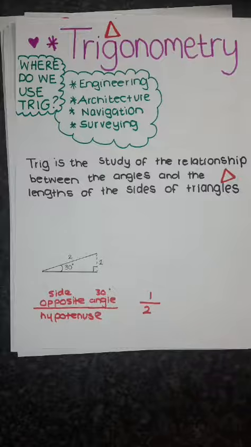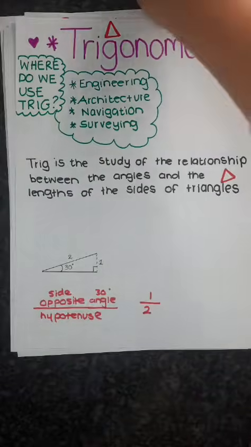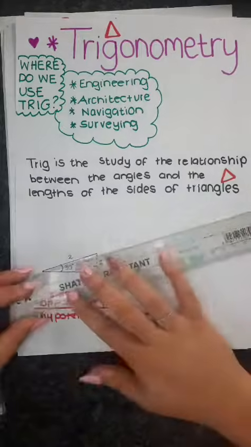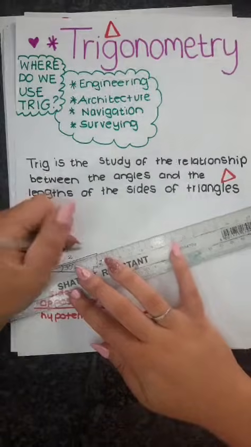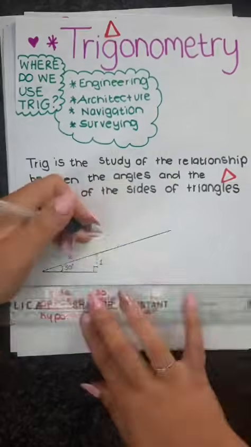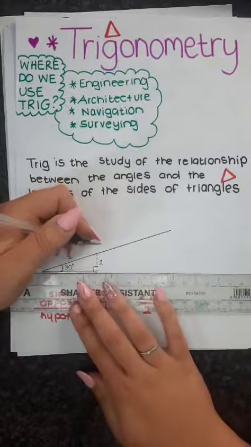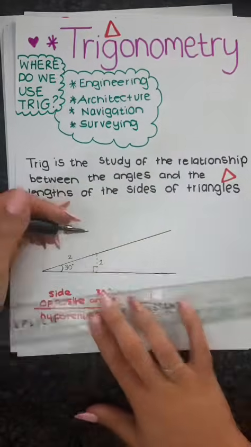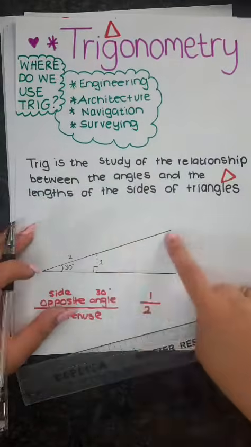If I drew this to scale, which I did not because I can't find a protractor in this house to save my life, they're all at school. If I extend this over here, so all I'm doing is extending this line here, and I'm extending this line here. Okay, I'm extending the lines. I measure that line now.